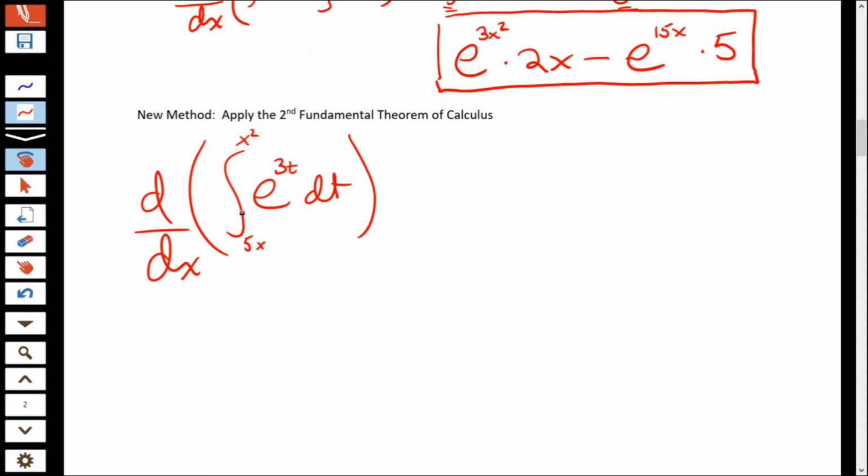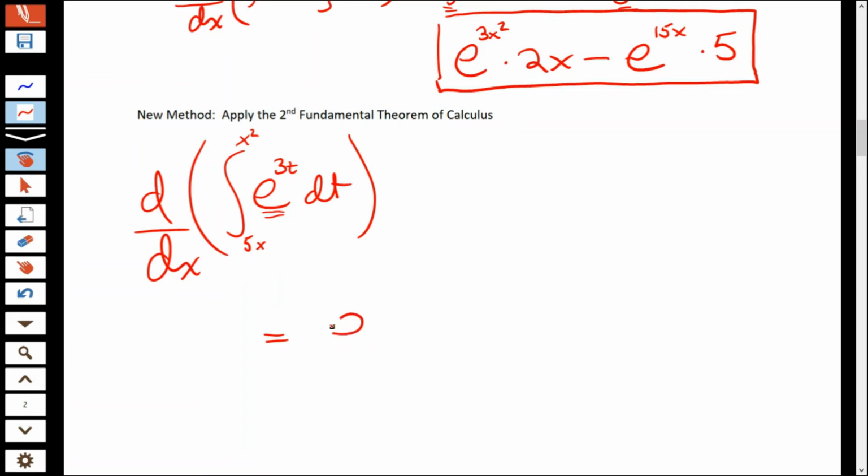It wouldn't make any sense to try and do it that way. So we have different letters. It doesn't matter that we're using t's. You could use k's, you could use j's, or whatever it is, okay? But here's what the fundamental theorem of calculus says. It says integrating and taking the derivative of e to the 3t is not going to change it.